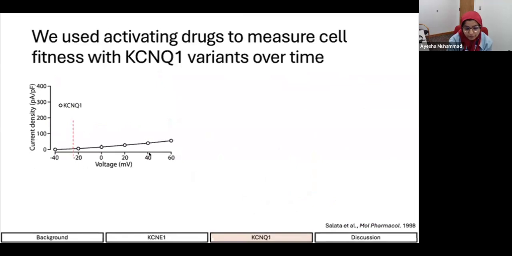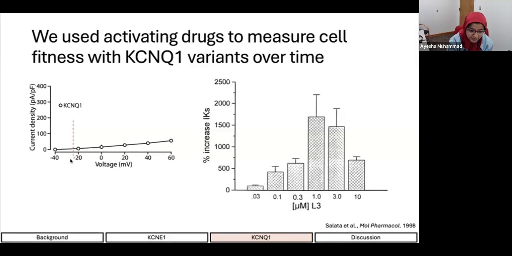If you recall from a few slides ago, looking at the resting potential of HEK cells, the potassium conductance at the resting potential through KCNQ1 is actually pretty limited. In order to obtain an experimentally meaningful potassium conductance at the resting potential of HEK cells, we used two activating drugs to increase the amount of IKS.